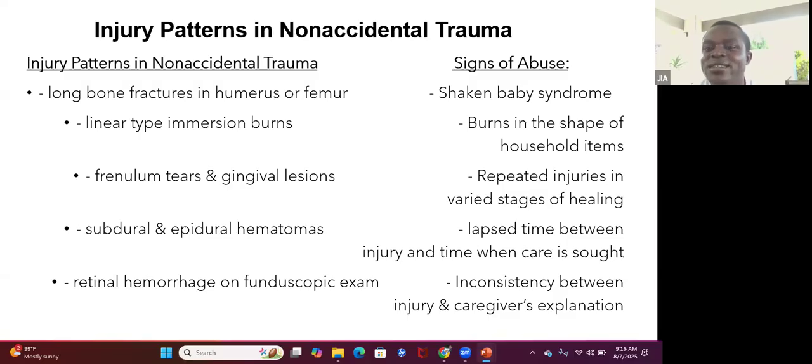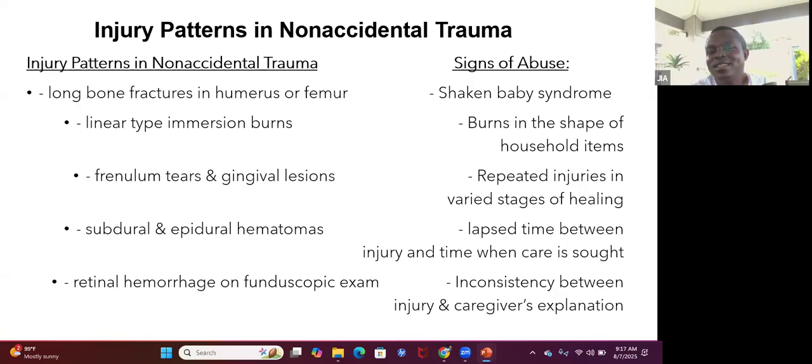Then repeated injuries in various stages of healing. Let's say you have a fracture in one arm. There was a time the person had a fracture, maybe at the lower part of the arm. Then another time there has been another fracture again, but the old one is further along in healing than the current one.